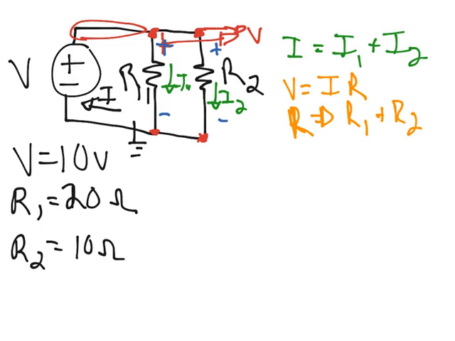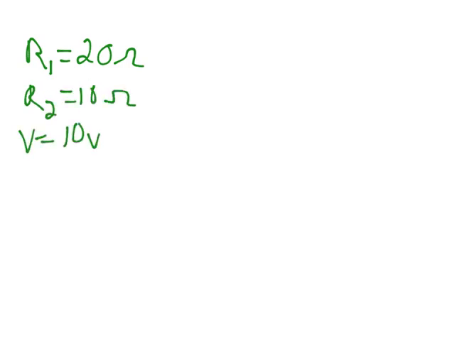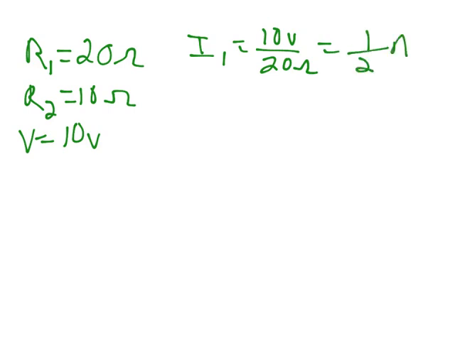Let's do a first example. So we have R1 is equal to 20 ohms, R2 is equal to 10 ohms, V is equal to 10 volts. I1 is equal to, remember it's V equals IR, so it's 10 volts divided by 20 ohms, which is equal to a half an amp, and I2 is equal to 10 volts, because it's the same potential across that resistor, divided by 10 ohms, because that's the resistor in that branch.